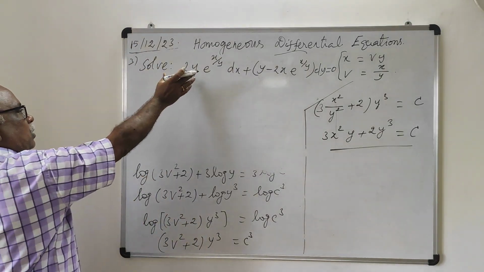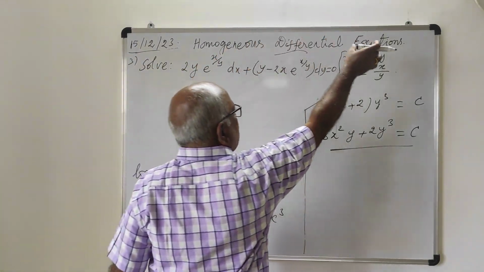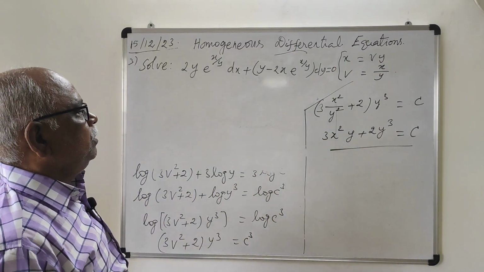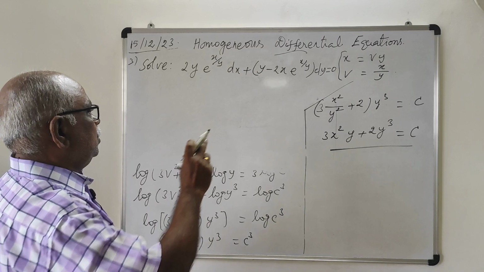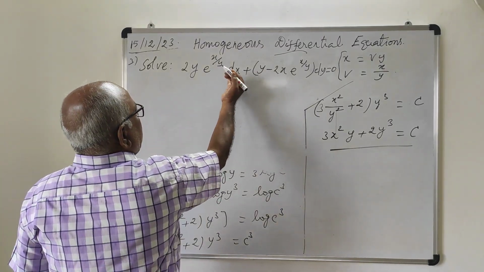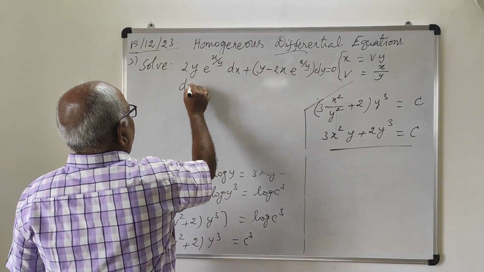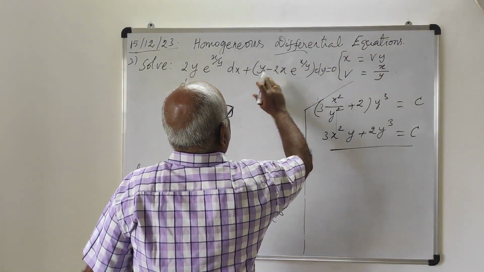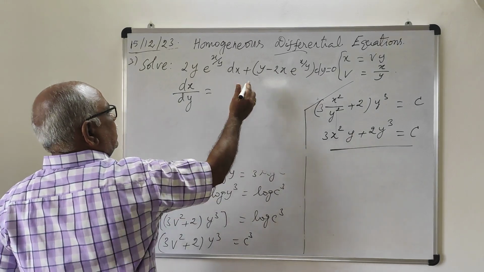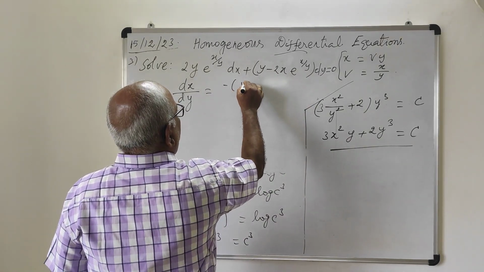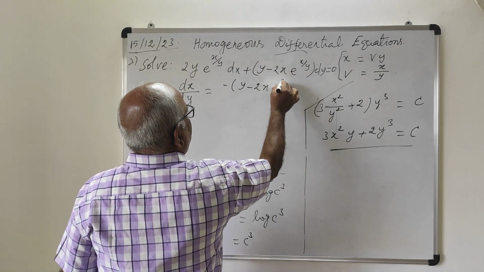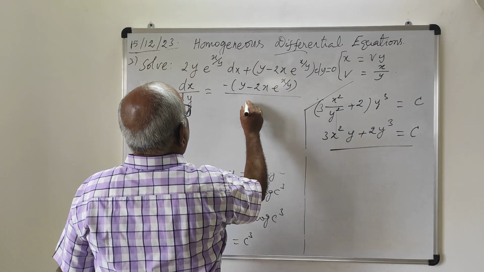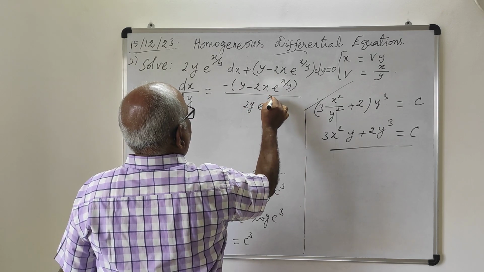Now this problem is also converted by giving a substitution for x equal to vy. For that you have to find dx by dy. See, this is dx by dy equal to, you bring that term to the right hand side, that is minus of y minus 2x into e power x by y by 2y e power x by y.